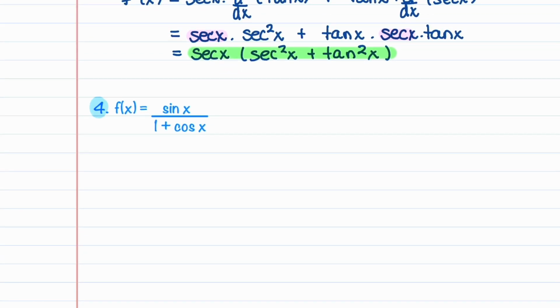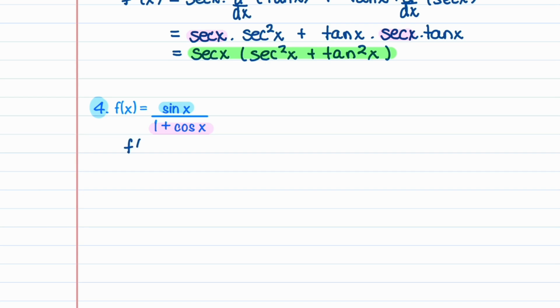In our fourth example, we have a function f of x is equal to sine x divided by 1 plus cosine x. This function has a numerator and a denominator, so it is a quotient, and we can use the quotient rule.